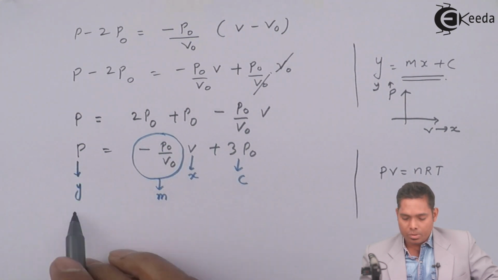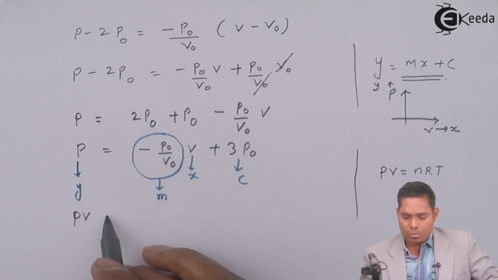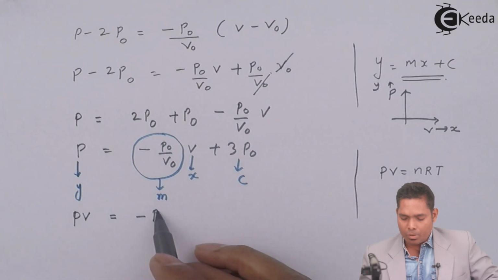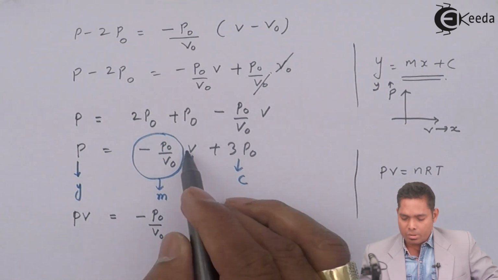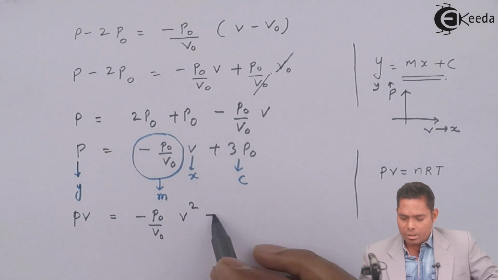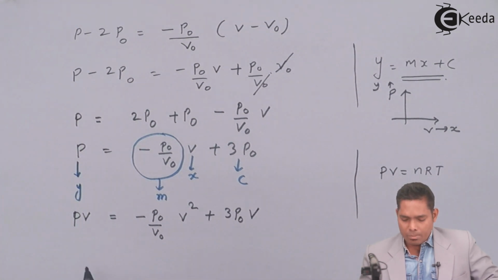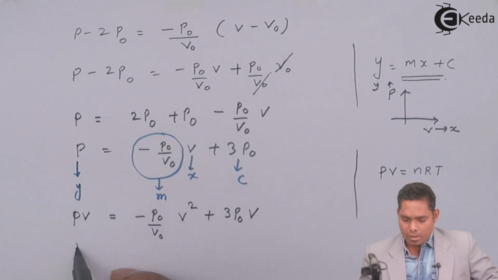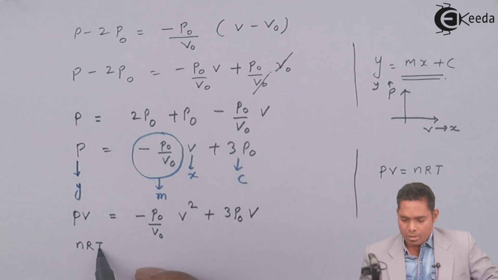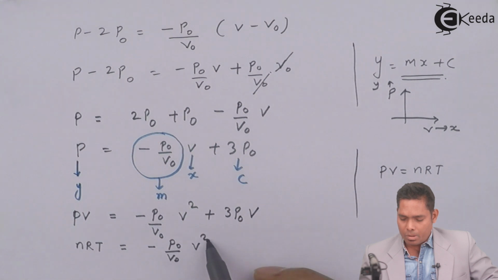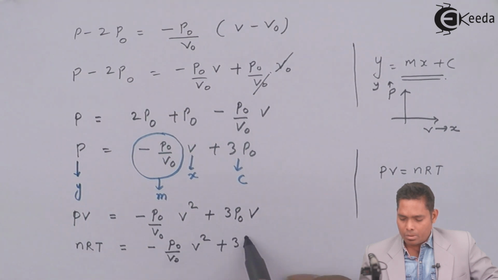This becomes PV equals minus P0 by V0 into V square plus 3P0 into V. PV becomes nRT, so nRT equals minus P0 by V0 V square plus 3P0 V.